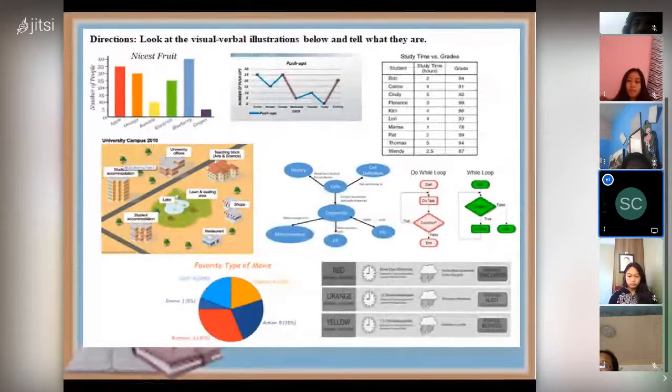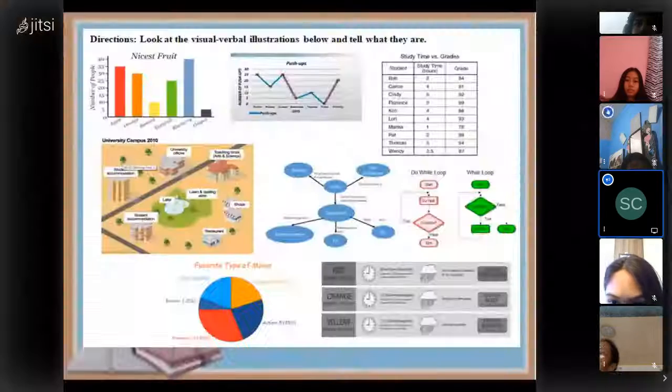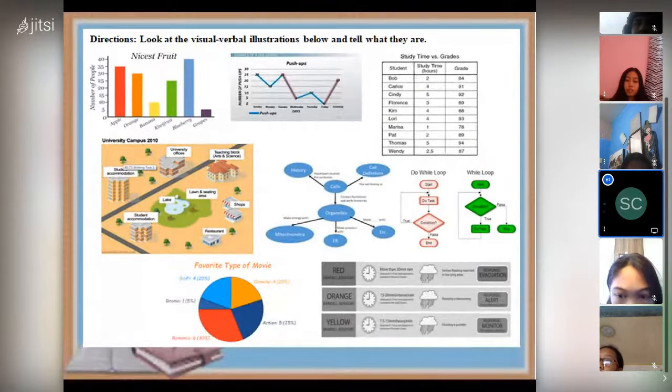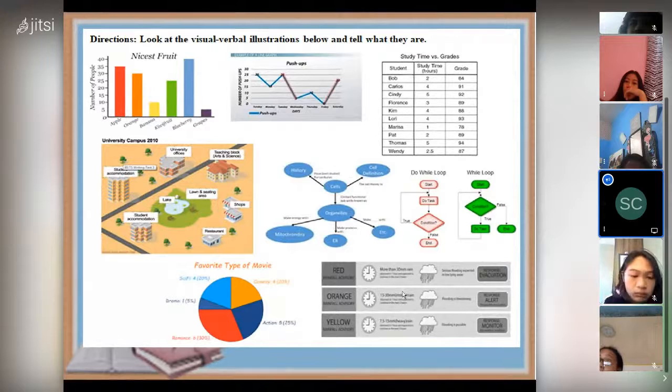Okay? Now, here. Look at the different visual verbal illustrations. What visual verbal illustrations do you recognize? Sige. The bar graph, the pie, then the line graph. Okay. There's a bar graph. What else? Pie, sir. Then here, hierarchy.